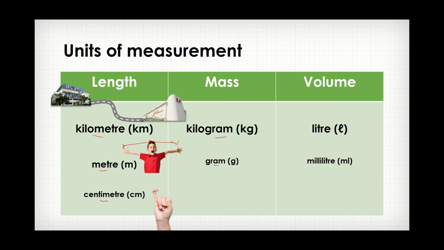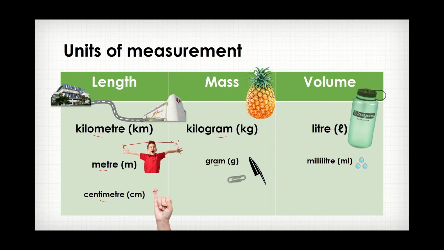For kilogram, we use it to measure our body mass or body weight and heavier items. 1 kilogram is about the weight of a pineapple. Feel free to go to the supermarket and feel for yourself how heavy 1 kilogram is. 1 gram is about the weight of a paperclip or a pen cap.